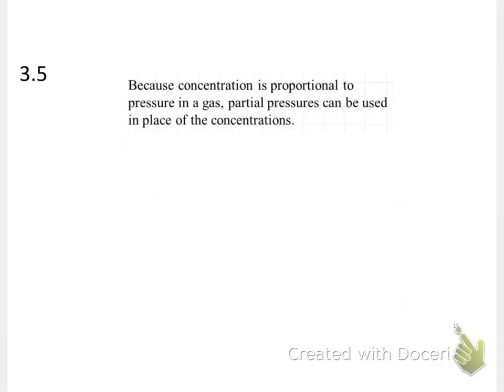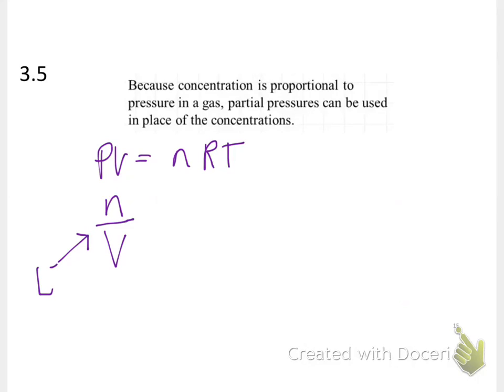Okay, and because in a gas, concentration is proportional to pressure, we can use partial pressures instead of concentration. So if you remember, we've talked about this a few times. PV equals nRT. You know, moles over volume is equal to concentration, right? So that's going to equal P over RT.